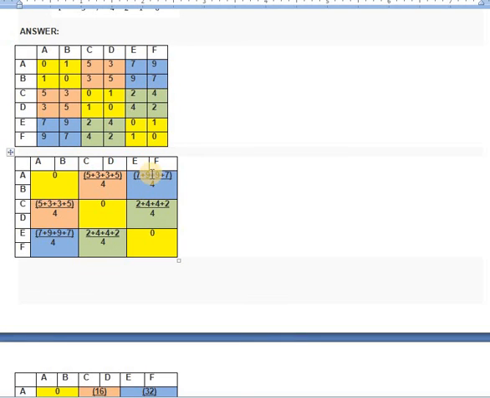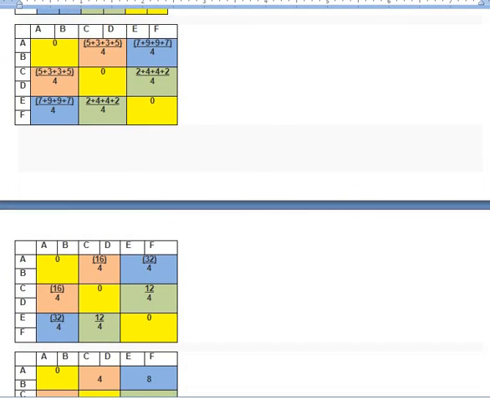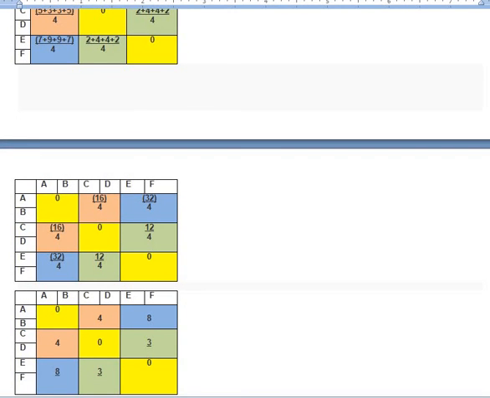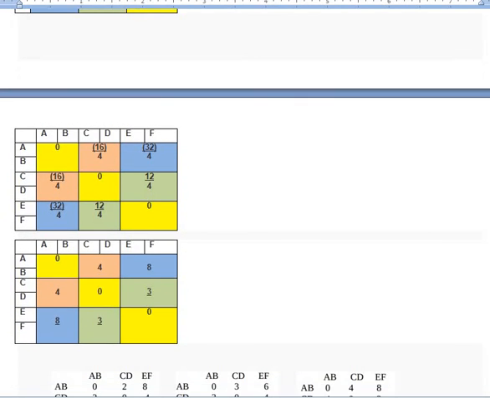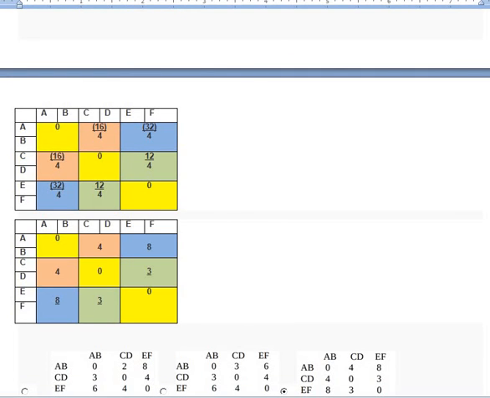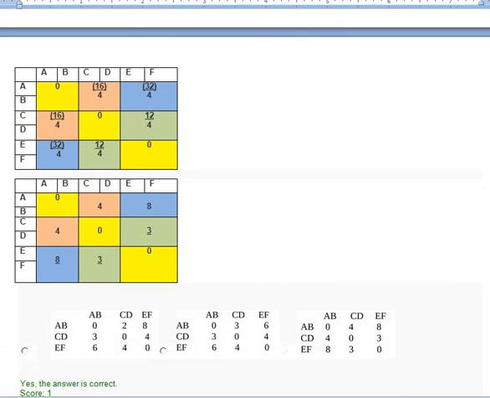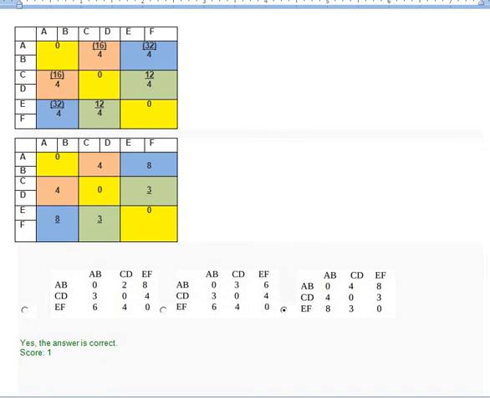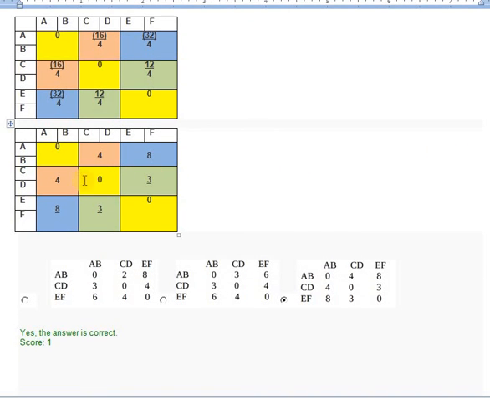These 4 values are divided by 4 because there are 4 values, finding the average of those two. If we do that, we will get values like 16 by 4, 32 by 4, 16 by 4, 12 by 4, and 32 by 4, 12 by 4, and 0. Once we do that, we will get the values as 4 8 4 8 3 3 and 0.